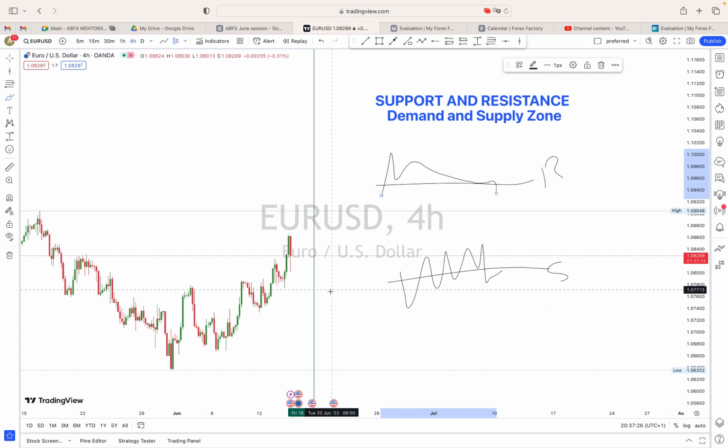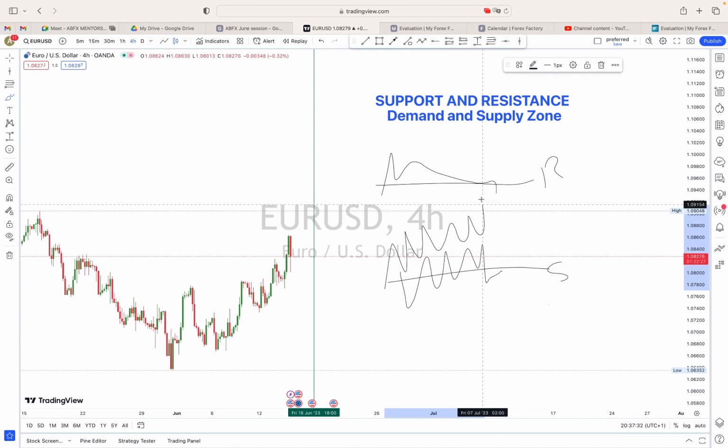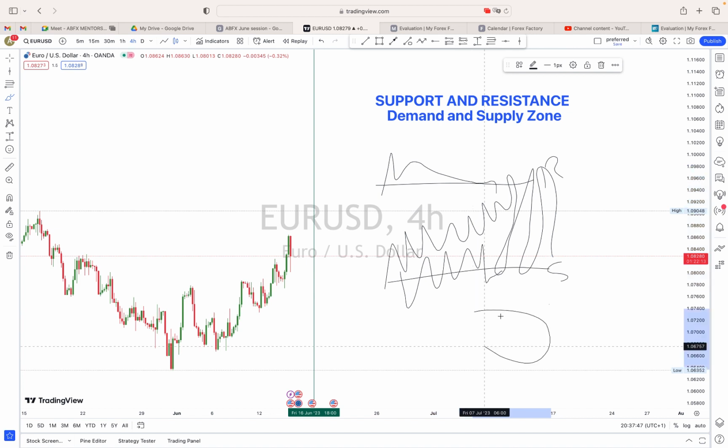So if this is price moving, say EUR/USD, the euro against the United States dollar, and it comes here and falls back, it comes here and is unable to go above, it comes here and falls back. This becomes a support holding the price from falling below this level, and this becomes a resistance stopping the price from going above this level.